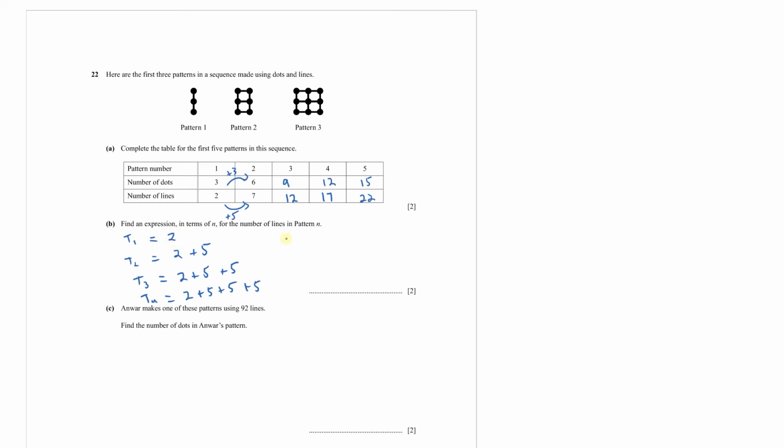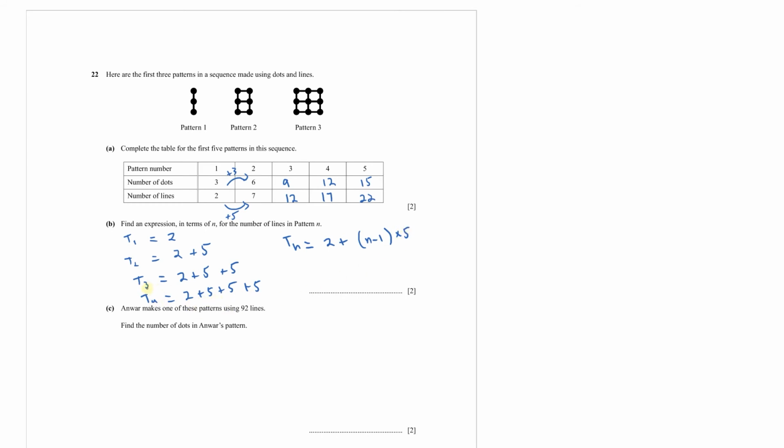So tn, you can write it as 2 plus, because everything starts with 2, plus how many times do you add 5? For the third term, you are adding 5 twice. For the fourth term, you're adding 5 three times. So for the nth term, you will add 5 n minus 1 times. So n minus 1 into 5. Because for the fourth term, there are three 5s here.